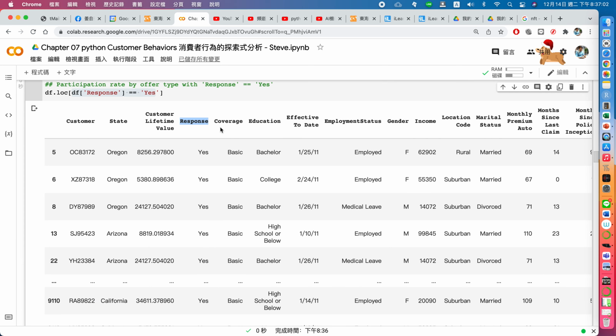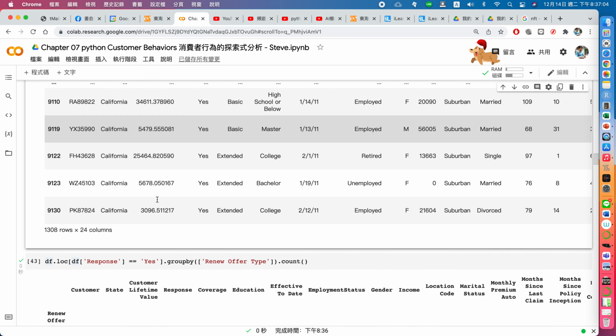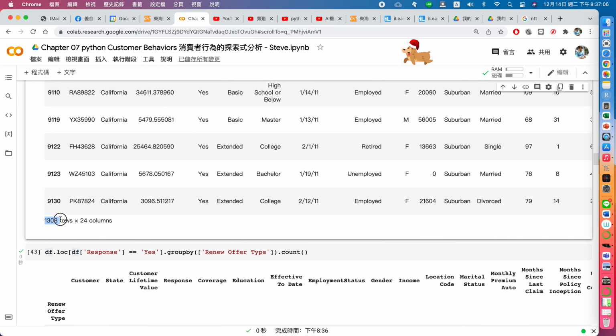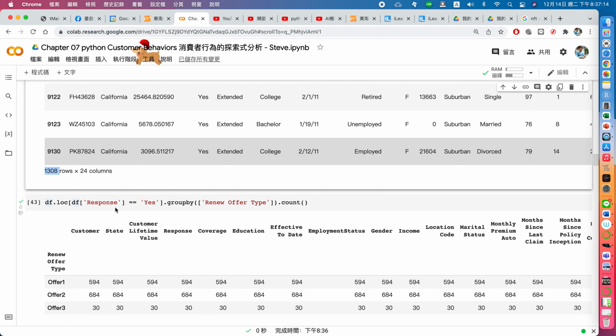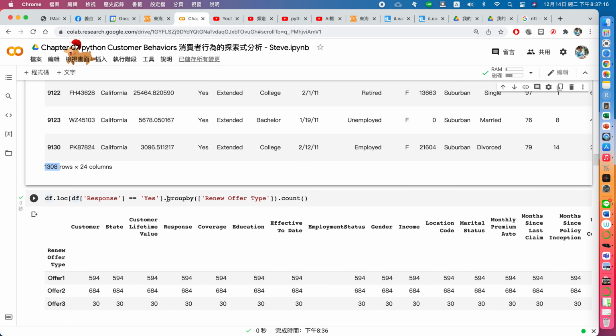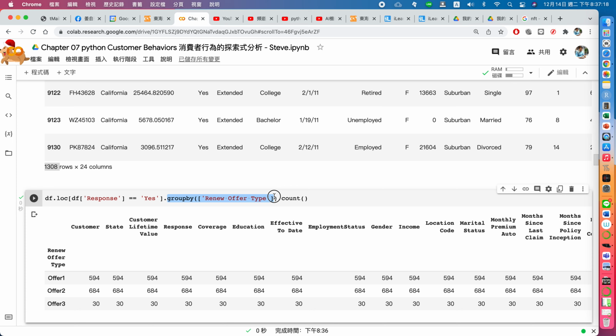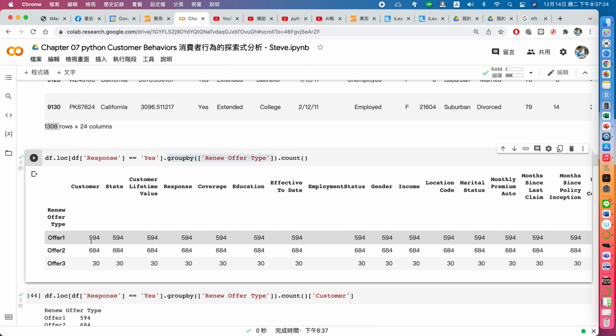Okay, so it's the same as grouping by response. So you know there are 1,308 persons who renewed their auto insurance. So we have to count by renew offer type, group by. Okay, so you know the count for each type.